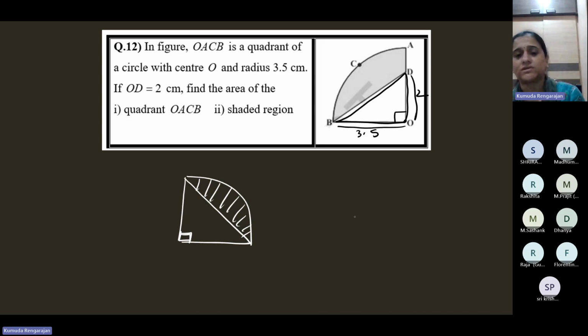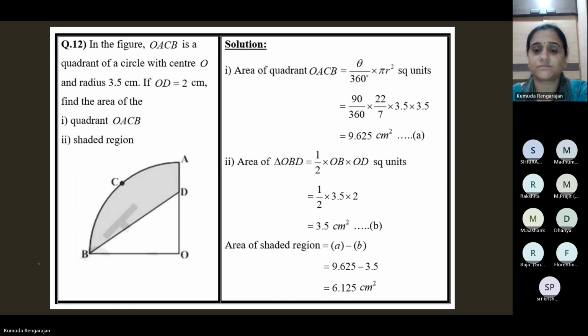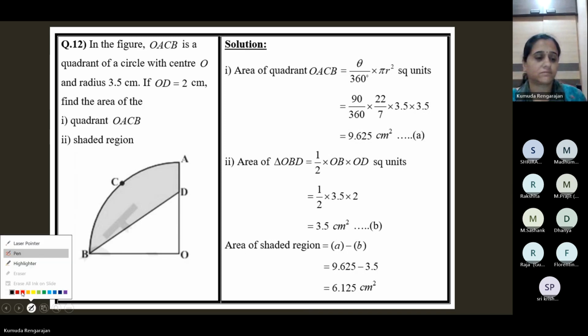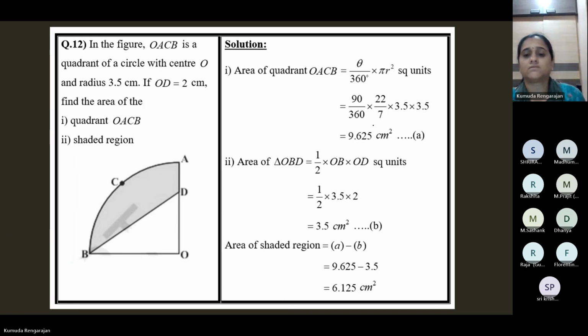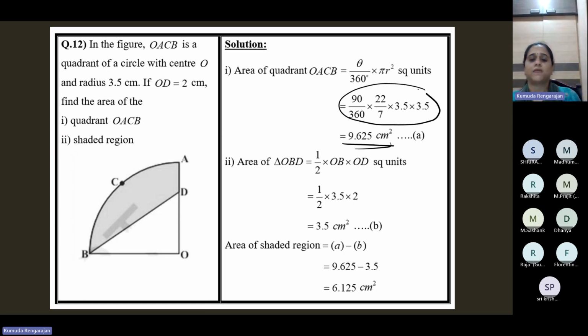Then the area of the shaded region will be the area of the quadrant minus the area of the triangle. So area of the quadrant 90 by 360 into pi r square, area of the triangle, and the difference will be the area of the shaded region.